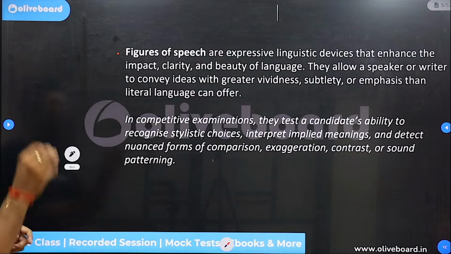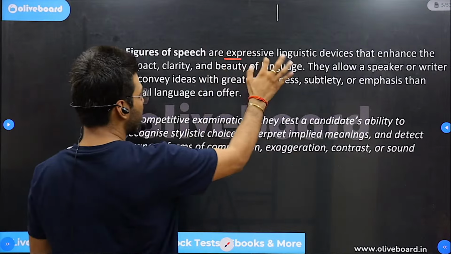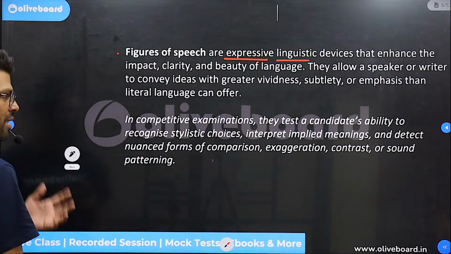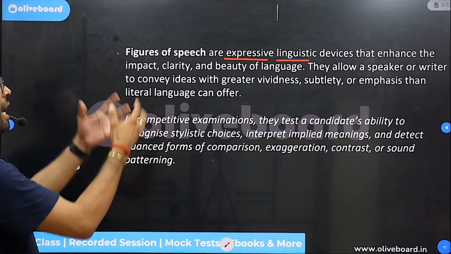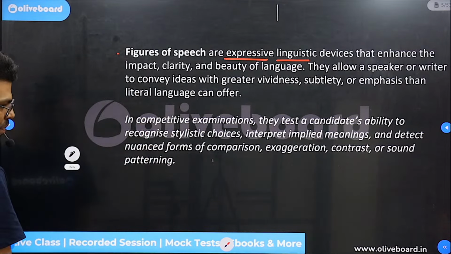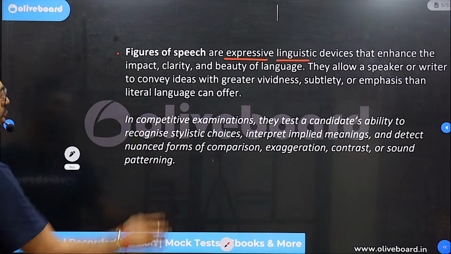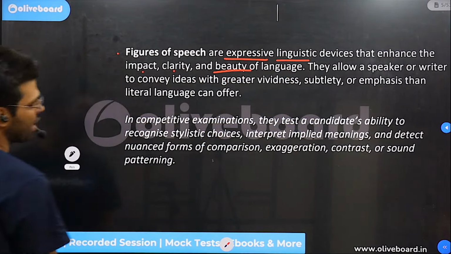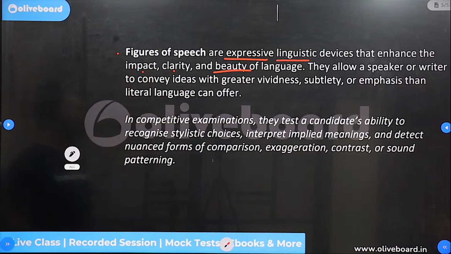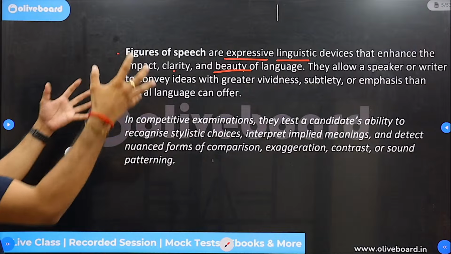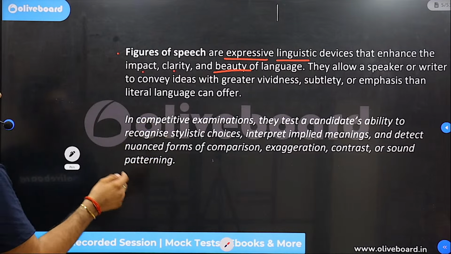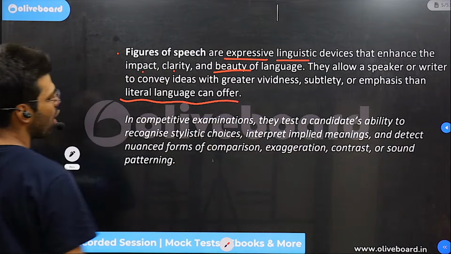But yes, figures of speech are expressive linguistic devices and patterns that enhance your words, either in written or in spoken form. Maybe its impact, maybe the clarity, I would say the beauty of a language. They enable a speaker or writer to convey ideas with greater clarity, vividness, subtlety, or emphasis than the actual language can offer.